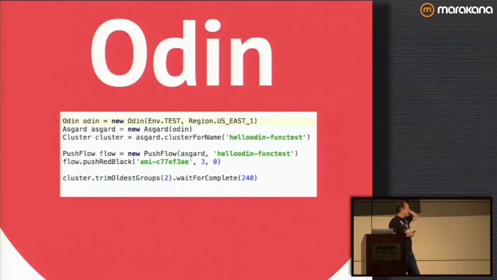In this case, we're showing you how you can create a client to talk to Asgard, find a cluster object with a given naming pattern, and do another push. So we're going to push a new autoscaling group with a new AMI and wait for it to complete. All the work is being done on Asgard in this case. We're just talking to it and telling it to start something, replacing you going and clicking on the web pages and doing all that by hand.